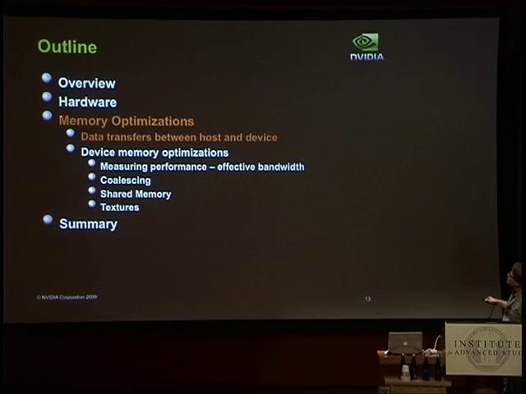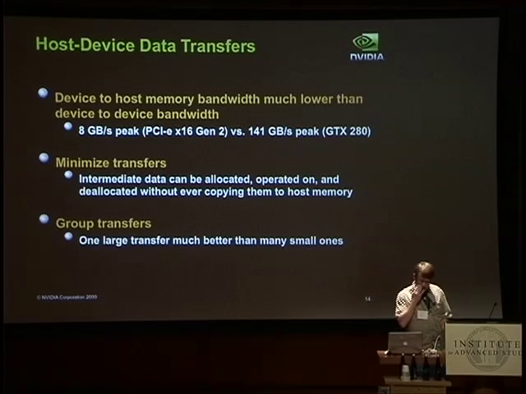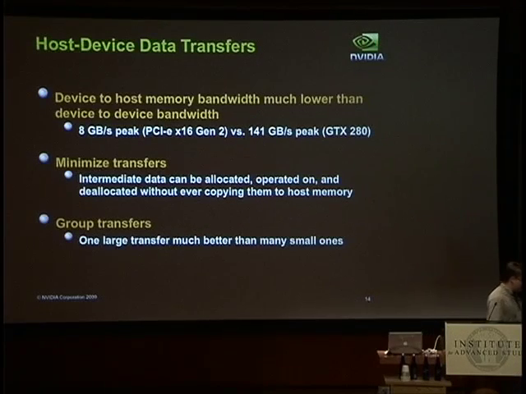Okay, so let's look at how we would optimize given that hardware layout. So, data transfers between the host and the device. Here are some sample numbers for bandwidth so that you can get a good map in your mind. From the GPU to the CPU, the bandwidth is much lower than anywhere on the GPU to anywhere else on the GPU. Okay? This does not mean from one GPU to another.